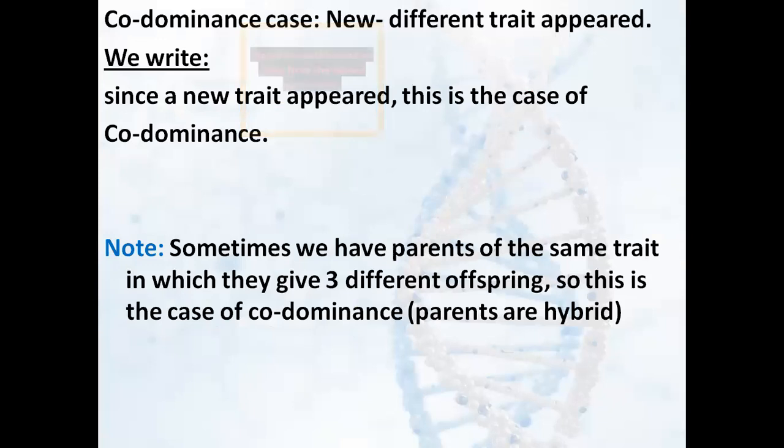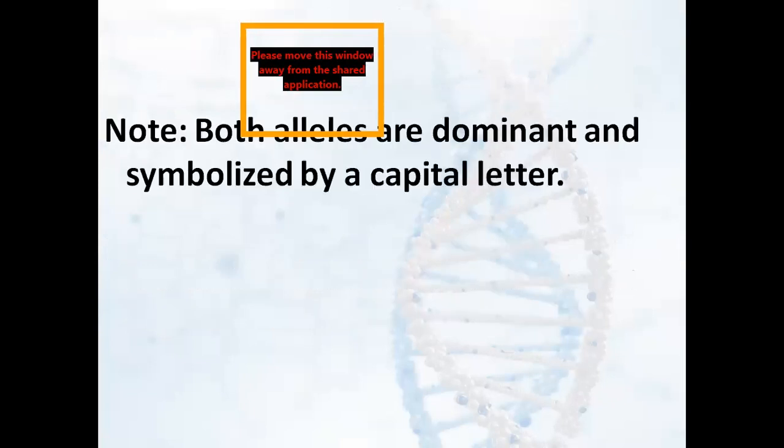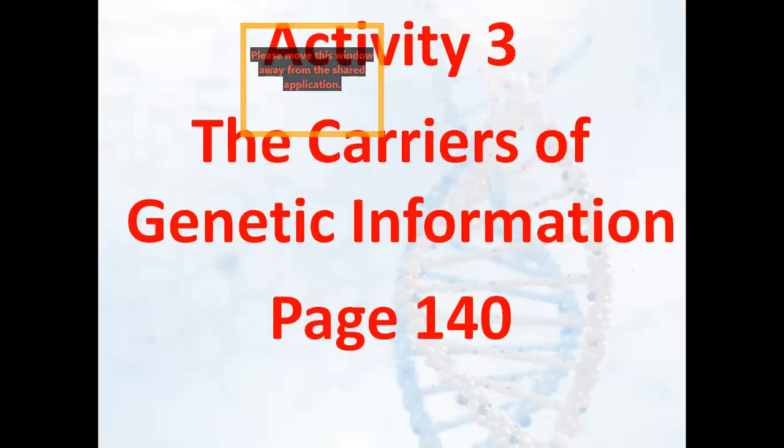For example, you have a black dog that is crossed with a white dog. All the offspring are white spotted with black spots or black spotted with white spots. So here both colors appeared. This is called codominance. Both alleles are dominant and both are symbolized by a capital letter.